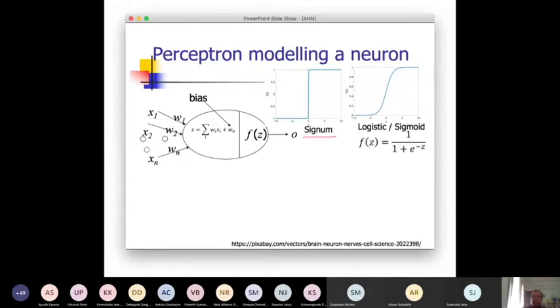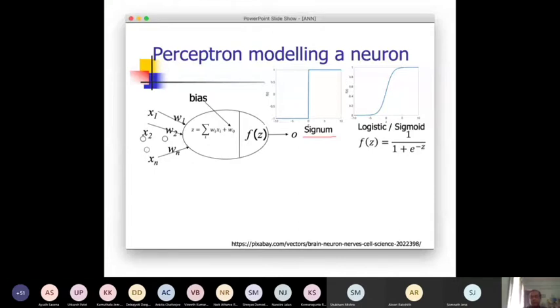But when you have the sigmoid function instead of signum, the functional form is given here: 1 by 1 plus e to the power minus z. You can see that as z tends to infinity, this function will reach 1.